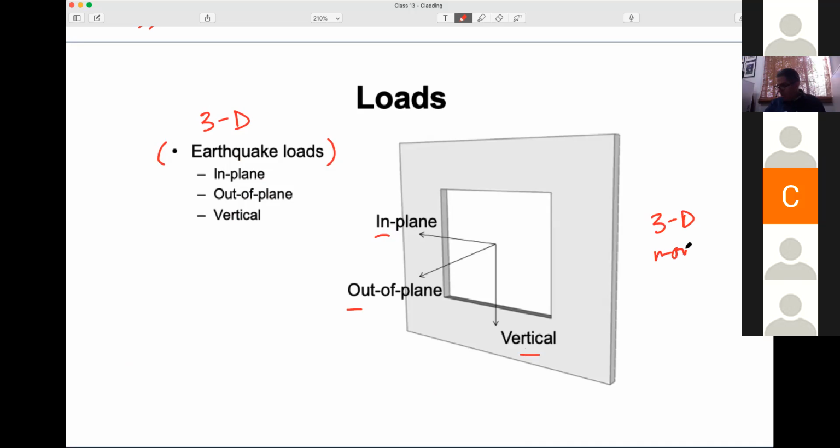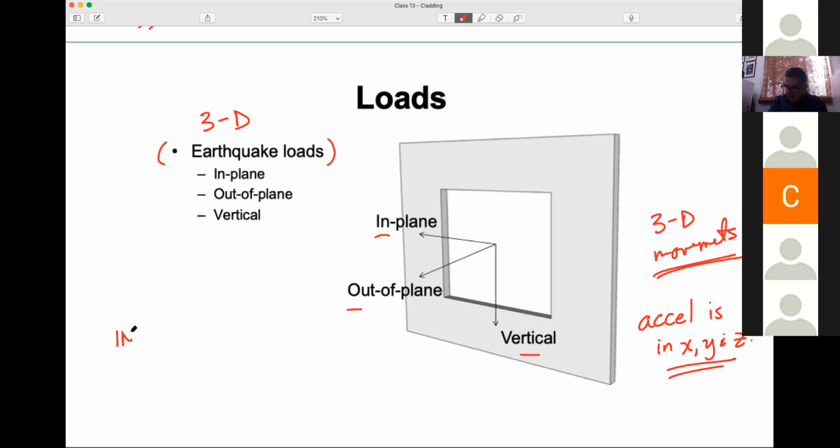When we have an earthquake, the acceleration is in the X, Y, and Z directions. So that cladding wall is going to have loads in all those directions.